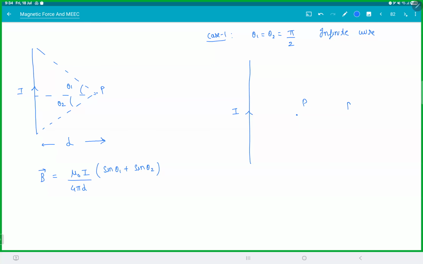Then the magnetic field B becomes mu naught I by 2 pi d.